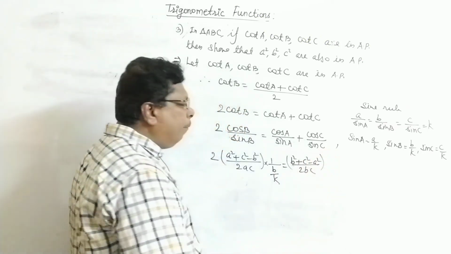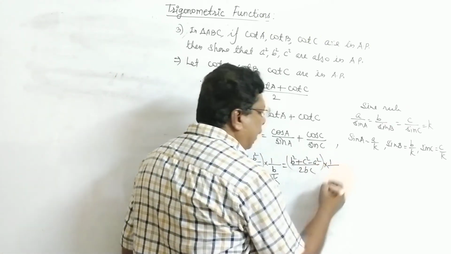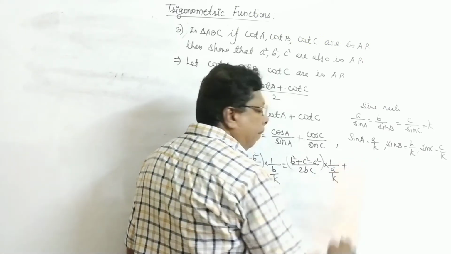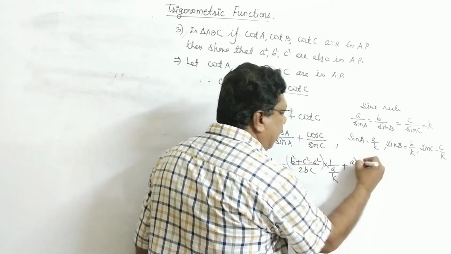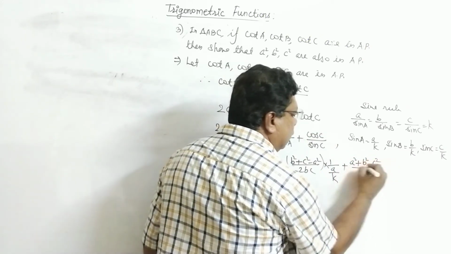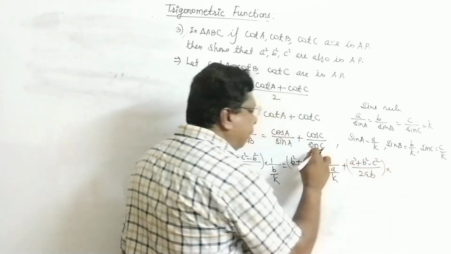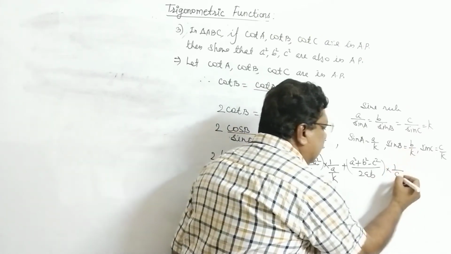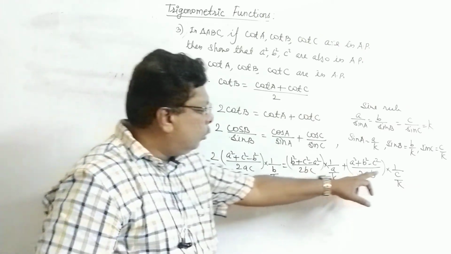This is the value of cos A. Divided by sin A, means 1 upon sin A is a upon K, plus cos B, that is a square plus b square minus c square upon 2ab, upon sin C, it means 1 upon sin C is c upon K. Now this K goes to the numerator.